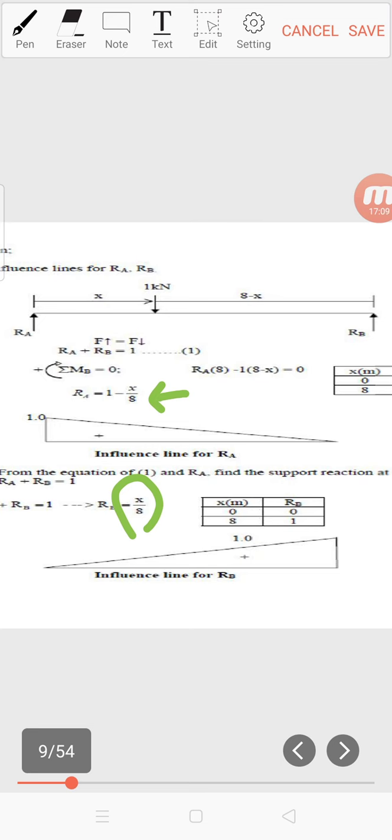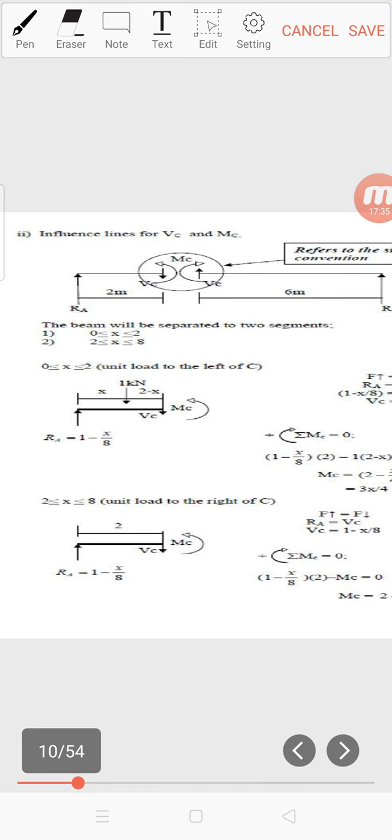Same with RB. The maximum RB for influence line is 1, which is at B. Then it decreases along the span of the beam until it becomes 0 at the other end of the beam, which is at A.